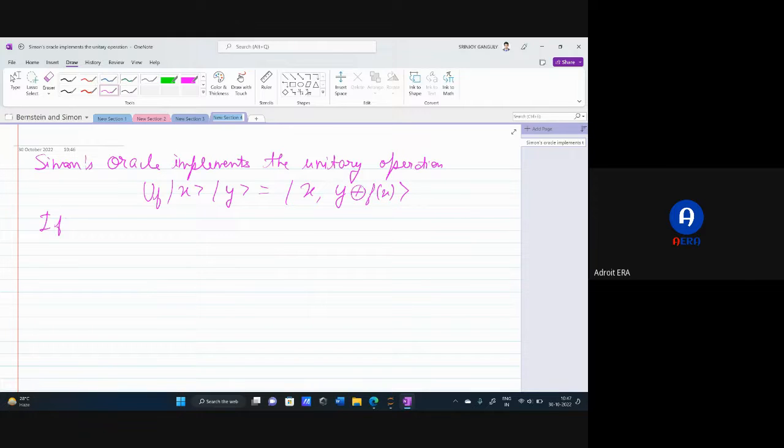It doesn't start with 1. If y is equal to 0, then U_f applied to ket x, ket 0 is equal to ket x, 0 XOR f(x). You will get f(x) back. So this is the primary formula for Simon's oracle.